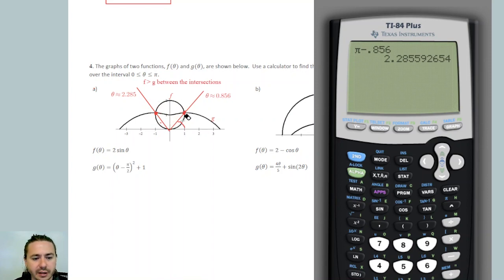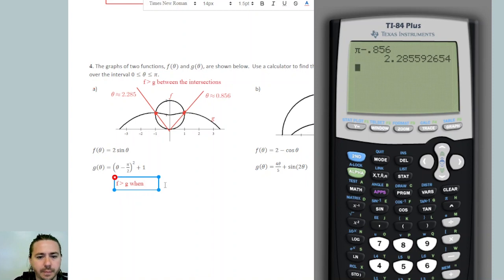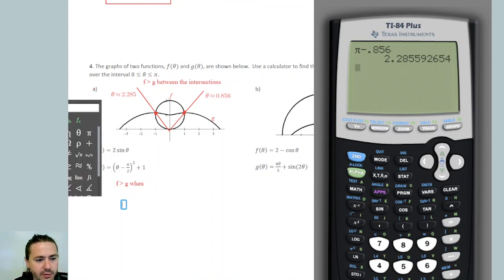So if we want to just go ahead and write our final answer, I would say F is greater than G when theta is in between those two angle measures, 0.856 and 2.285.